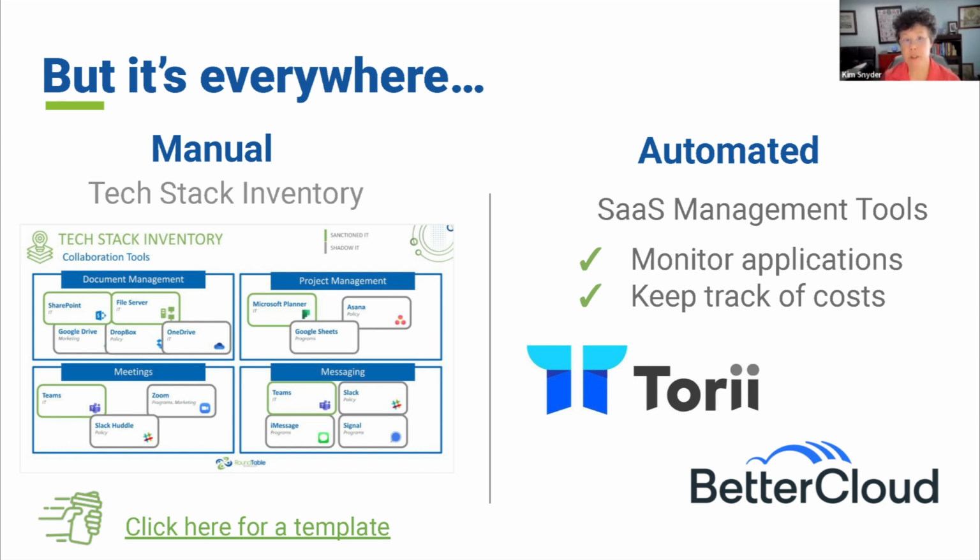Where could you save money? While these tools have a cost to them, I don't know how fast they pay for themselves, but that's something to think about. It does keep costs down. Yeah, Tori's ROI tends to be very good. It's a fairly low cost tool. Better Cloud's a little bit more expensive, but also does a lot of other things around security and governance.